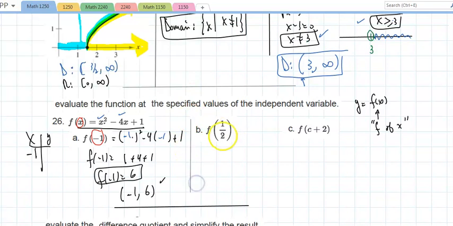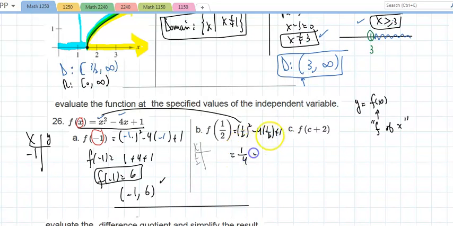And if I would go ahead and figure out what this is, again, this is saying if x equals 1/2, what does y equal? Well, we know that y equals 1/2 squared minus 4 times 1/2 plus 1. That is 1/4. Half of 4 is 2. That is 1/4 minus 1.